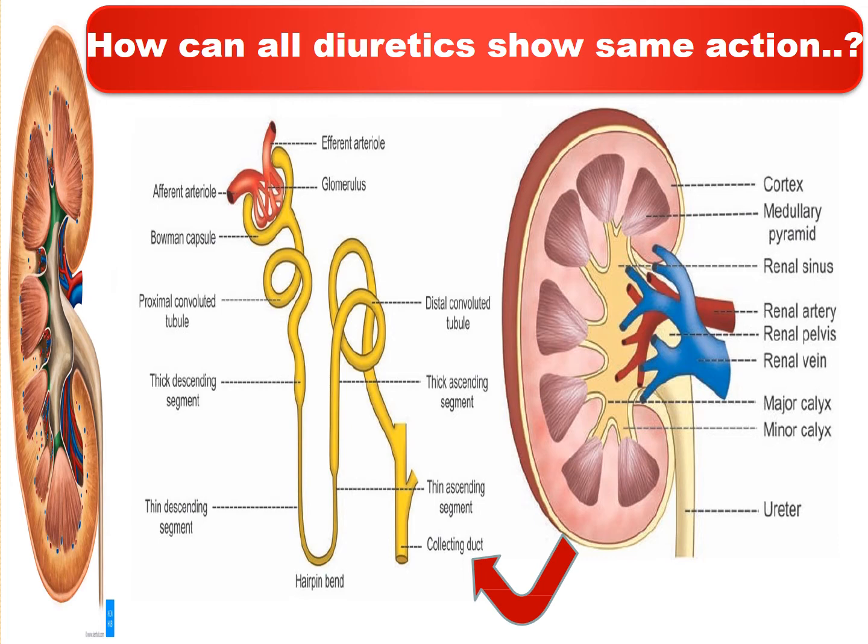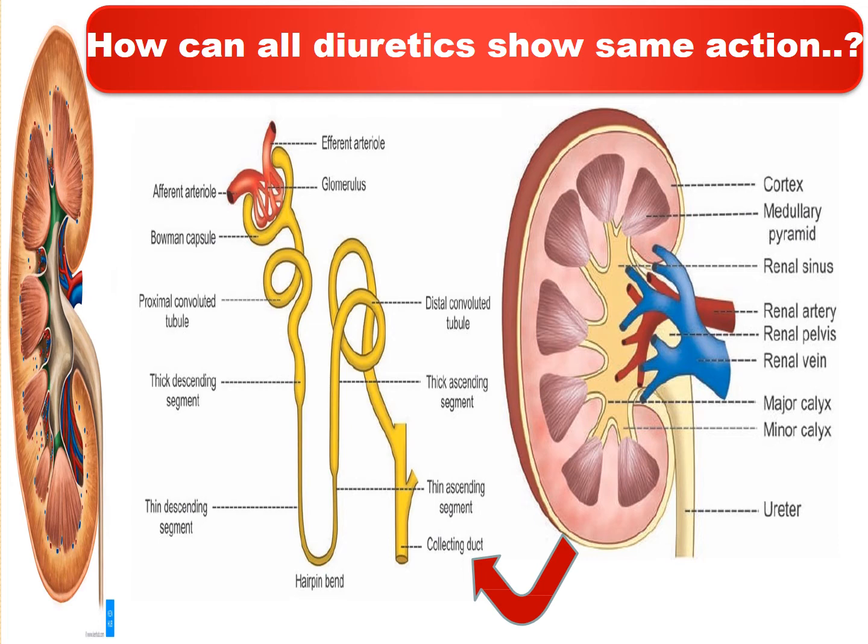The basic structural and functional unit of the kidney is the nephron, which is composed of the afferent and efferent arteriole, glomerulus, Bowman's capsule, proximal convoluted tubule, thick descending segment, thin descending segment, loop of Henle with the thin ascending segment and the thick ascending segment, the distal convoluted tubule, and finally the collecting duct.